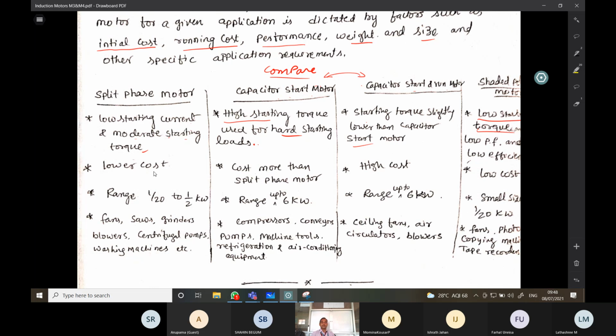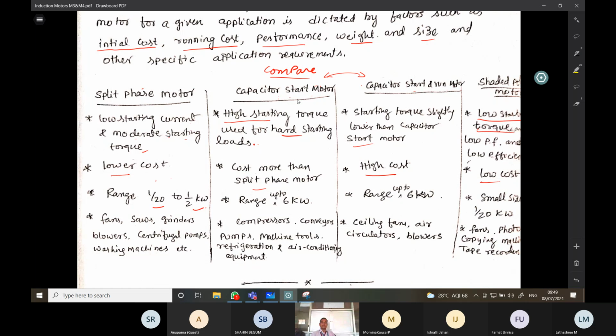The next one is cost. The split phase induction motor is of lower cost, the capacitor start motor costs more than the split phase type, the capacitor start and run motor has high cost, and the shaded pole motor is low cost. The split phase range available is up to 1 by 2, that is 0.5 kilowatt.